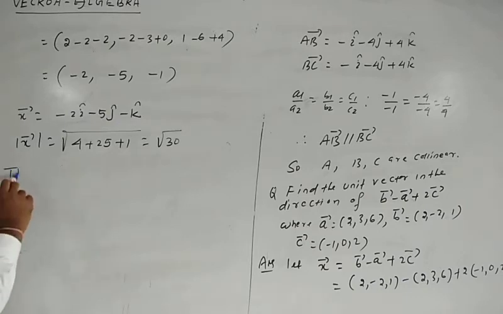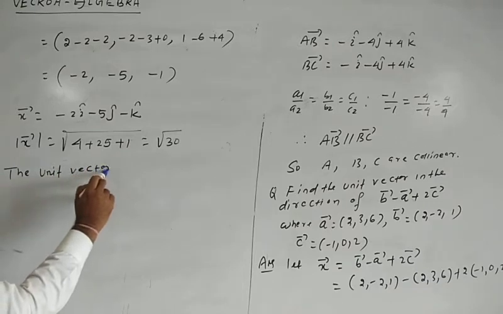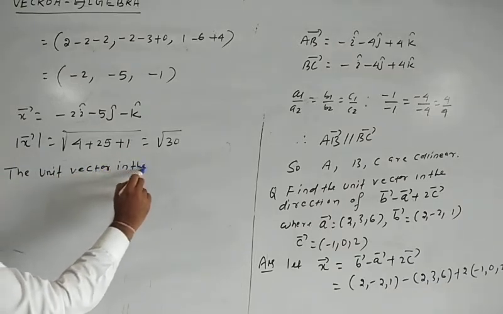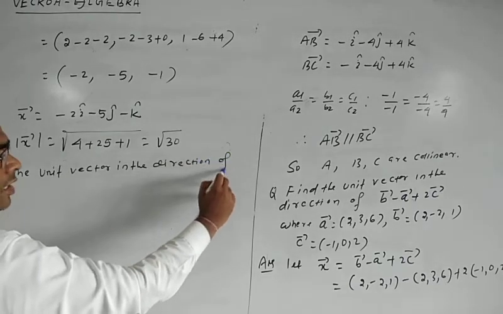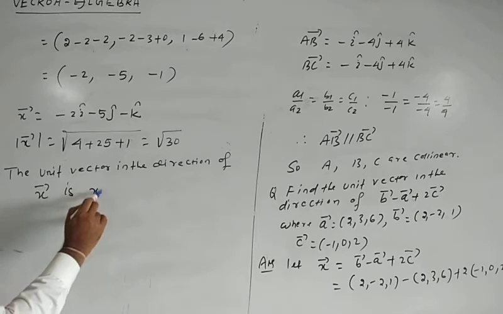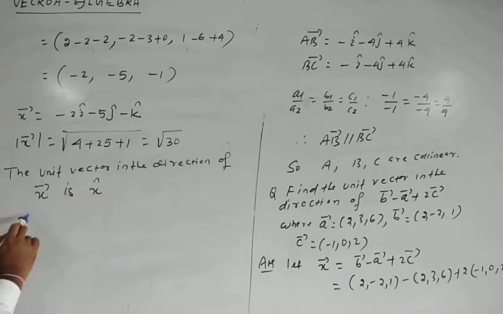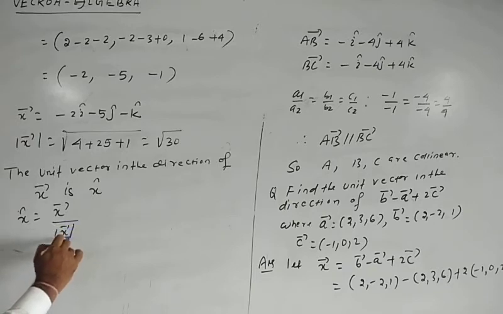The unit vector in the direction of x vector is x cap. So x cap is equal to x vector divided by the magnitude of x vector.